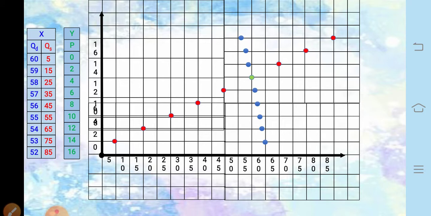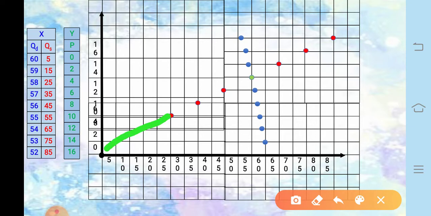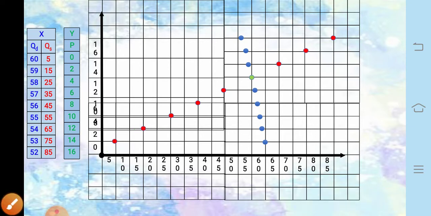So this is the result that came up. Okay, listen. This red line is our supply, and the blue is our demand, and the green is where they intersect. First, let me explain this red graph.